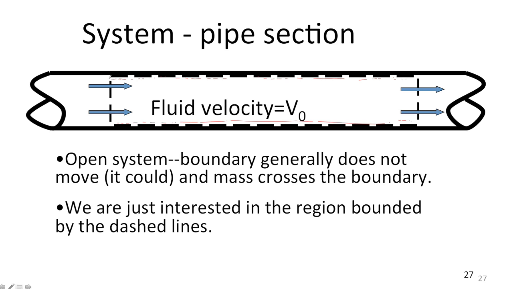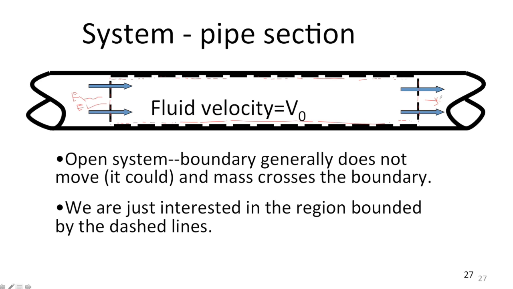This open system, this control volume, also has two imaginary surfaces in its boundary. This is the entrance of the open system, and then this is the outlet or the exit of the open system.